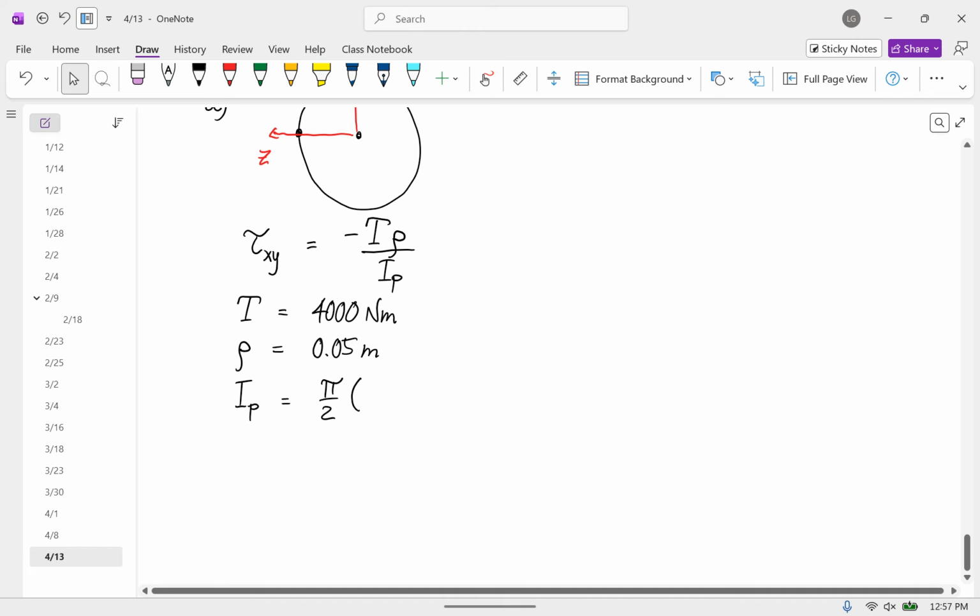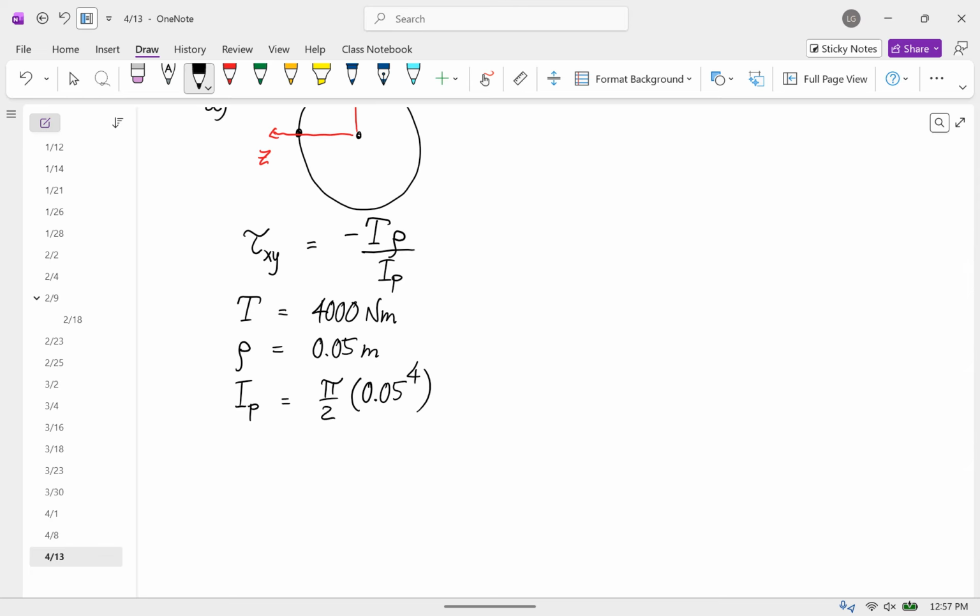Okay, so pi over 2 times the quantity 0.05 to the 4th power. That is 9.818 times 10 to the minus 6th meters to the 4th.